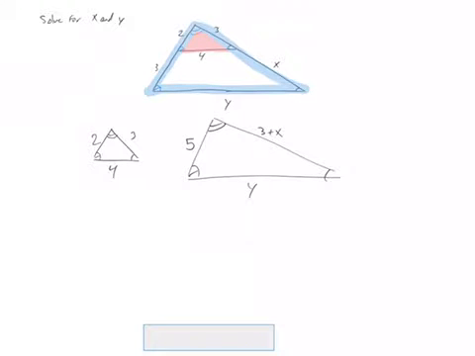So what I have to do is I have to think 2 times what is going to give me 5. So I'm going to bubble here. 2 times what gives me 5, dividing by 2. So that scale factor, x is going to be 5 over 2.